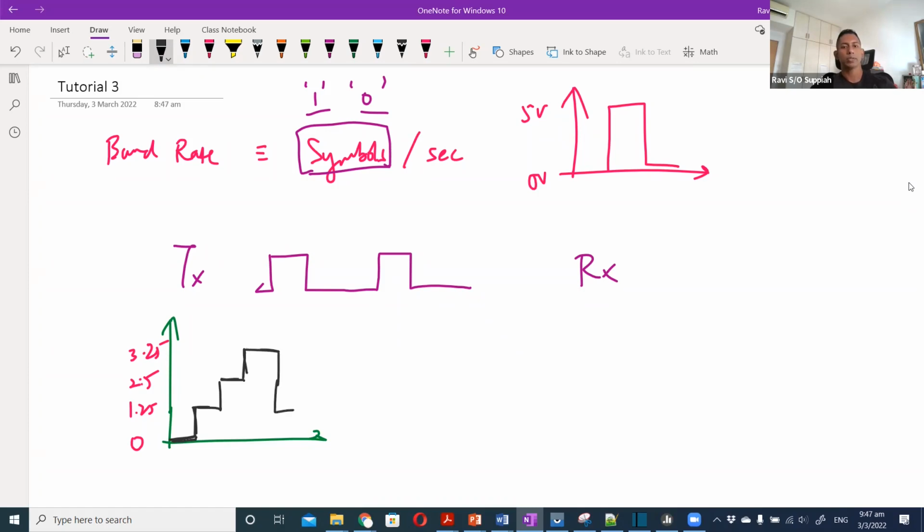So if I choose to send data like this, where I have 4 distinct voltage levels, 2 to the power of 2 is 4. That means each symbol is 2 bits.